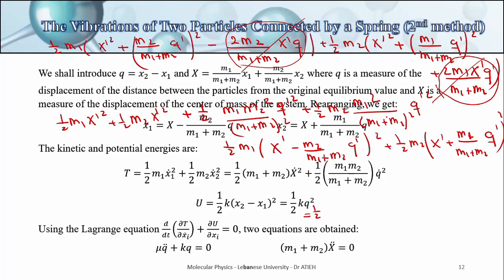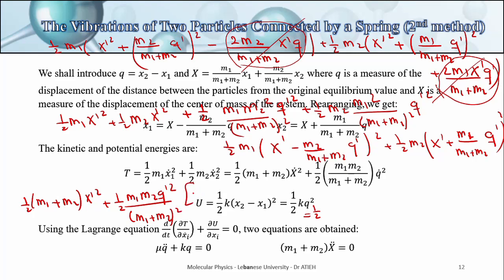So as you can see, we arrive at half m1 plus m2 x prime squared plus half. Let's take as common m1 m2 q prime squared over m1 plus m2 squared.